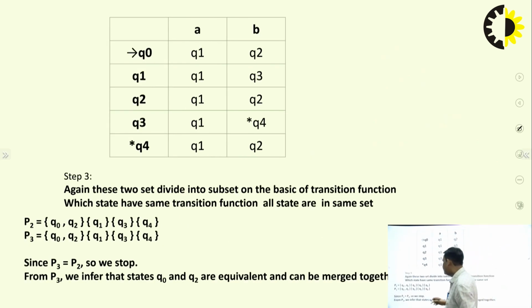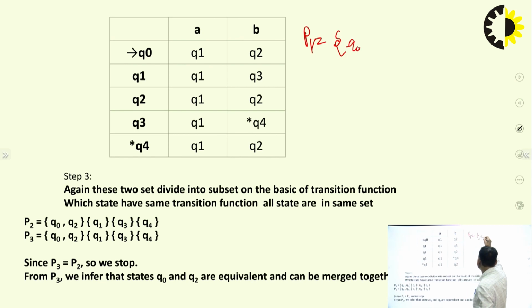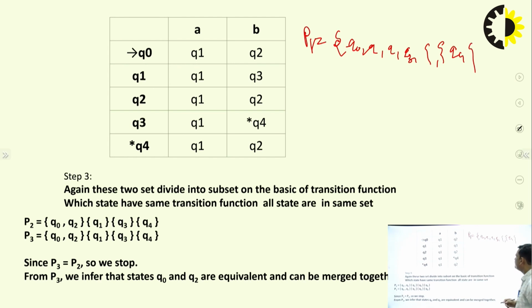Step number three, partition P1 equals the set of non-final states Q0, Q1, Q2, Q3, and Q4 is the final state.